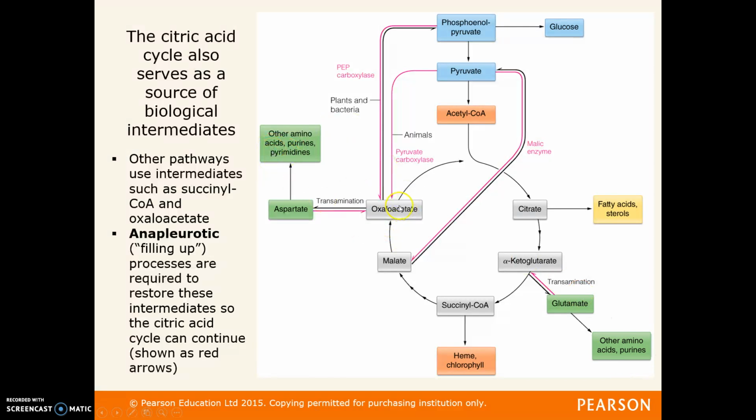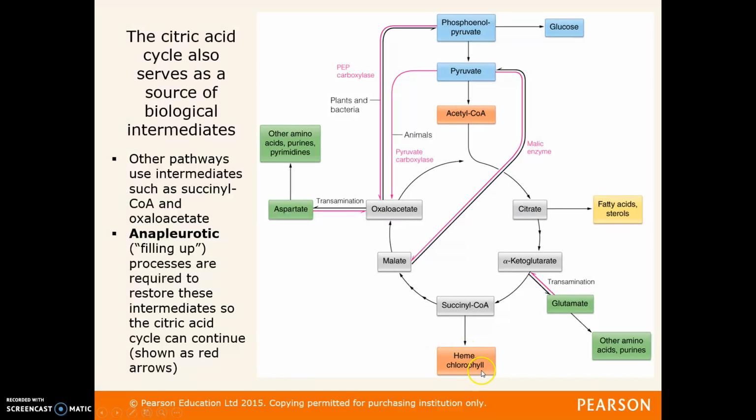Over here, oxaloacetate is one step away from being aspartate, which is a key source of other amino acids and is also a source of some of our nucleotides. And so you can see that there are different things that come out here. So succinyl-CoA is actually a starting point for the heme group in our hemoglobin.